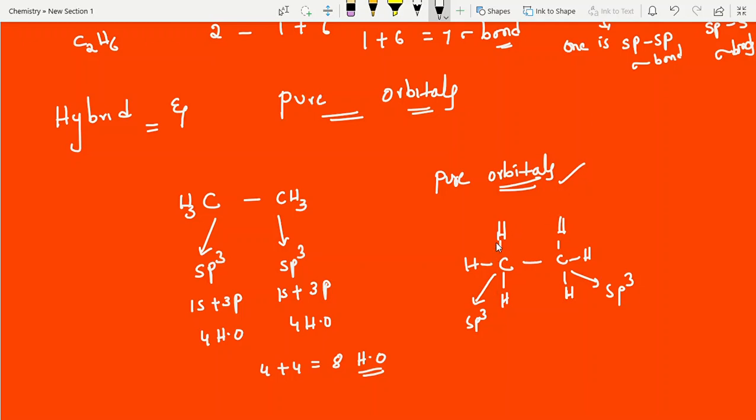So hydrogen is not involved in hybridization. Only carbon is involved in hybridization. Around carbon we have got 4 hybrid orbitals. After hybridization, hydrogen comes and overlaps. That overlapping bonds we call pure orbitals. Finally, how many hydrogens here? 6 hydrogens means 6 pure orbitals.